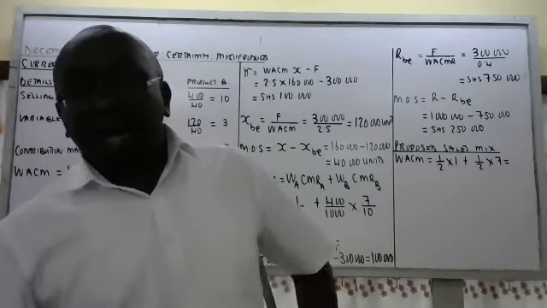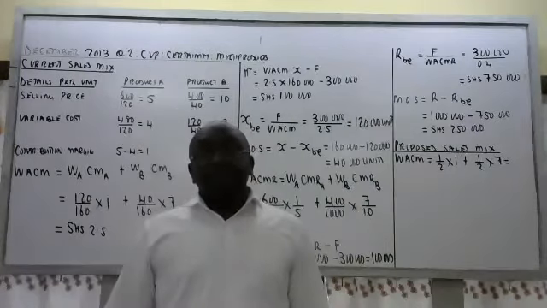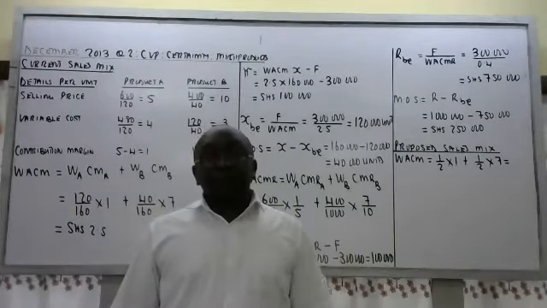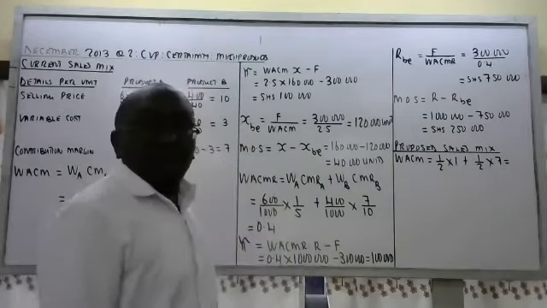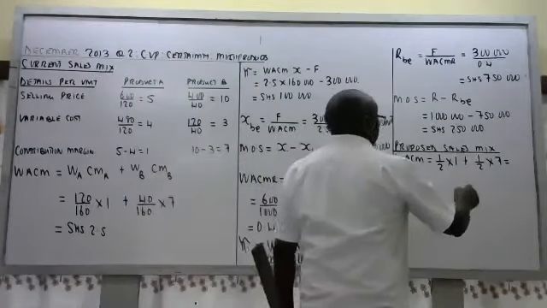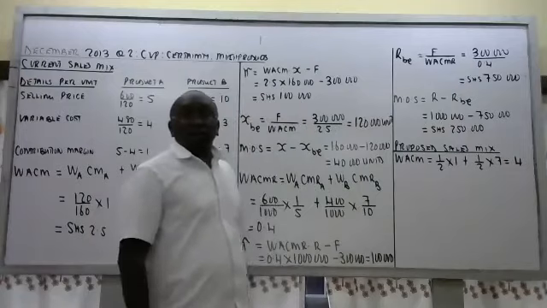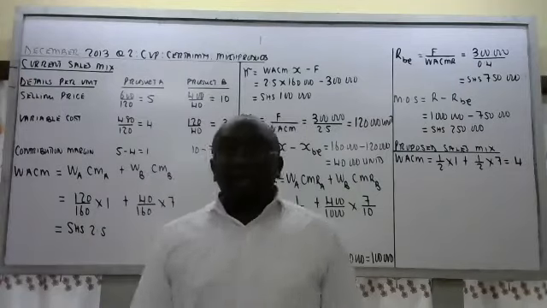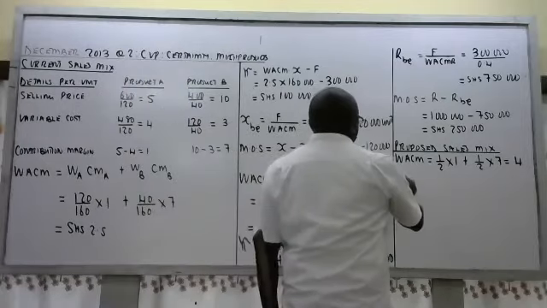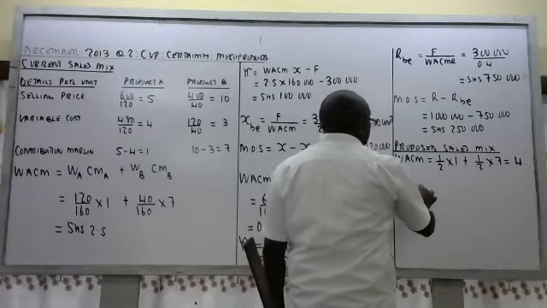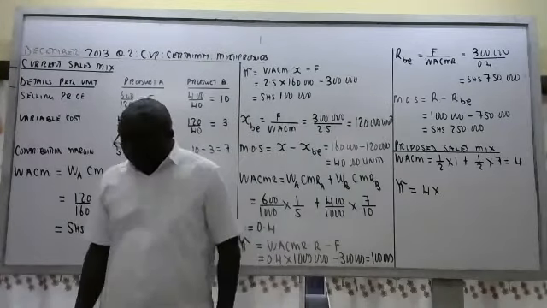Oh, John says 4. It's 4, good. I can see even Ivarin also. So with that now, the profits will be 4 times the total units remain.